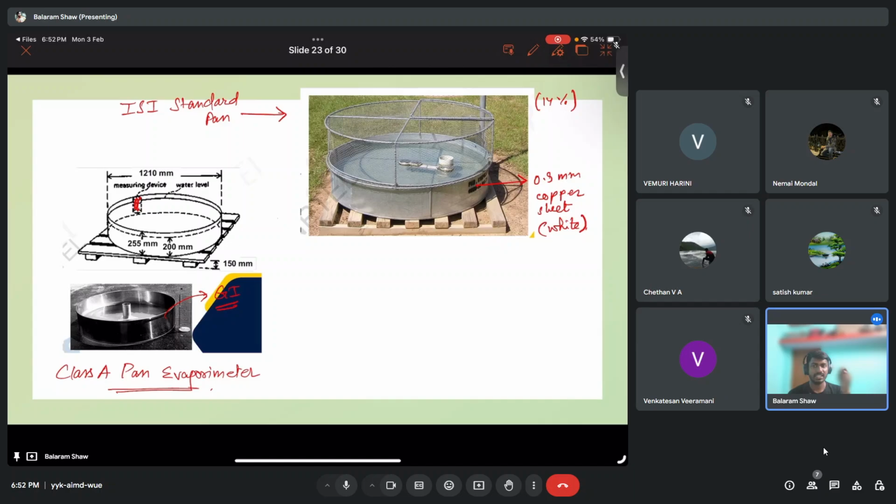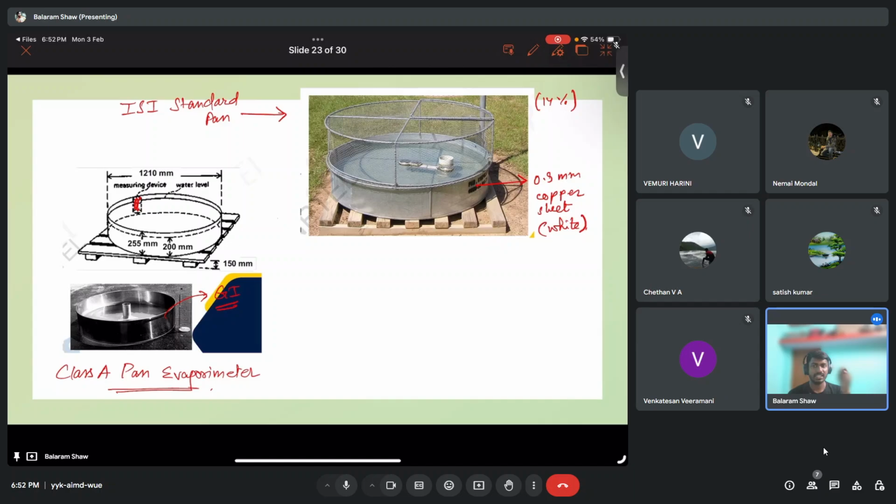If you want to go into the detail of that, you can refer to the Ven Te Chow book of engineering hydrology. In there, with the full derivation, it is shown what this aerodynamic characteristic is, what radiation characteristics are, and all. Okay, so both of these will be very similar to the lake, and hence the evaporation value that we are getting from this will be much better, or more accurate, compared to these.